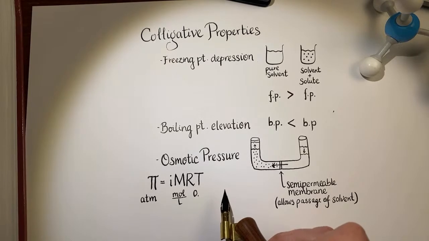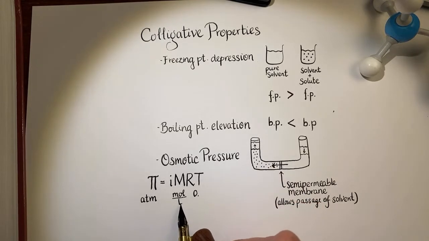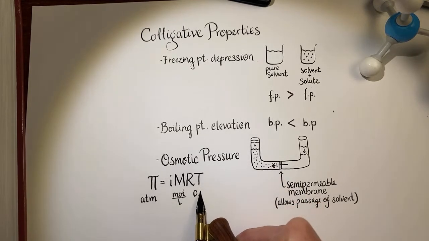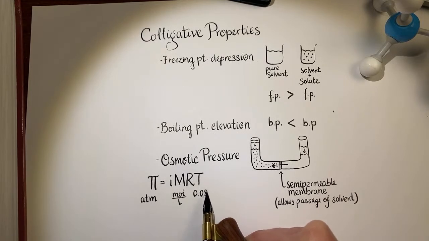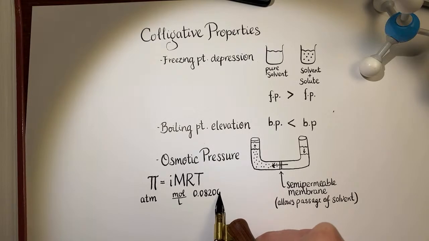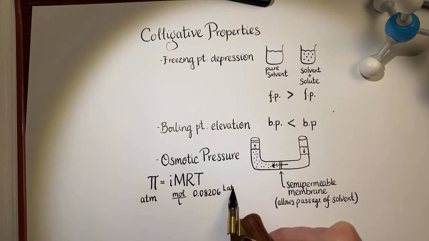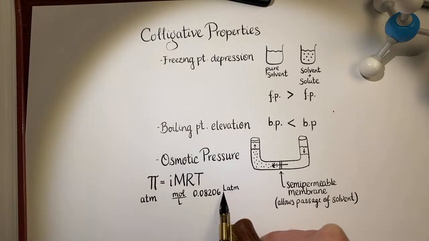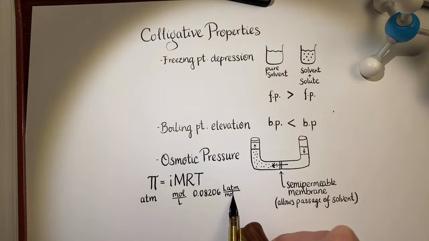Okay, because we want to be able to get liters in there, right? So the form of the gas constant we want is this one, 0.0821 liters atmospheres per mole Kelvin.